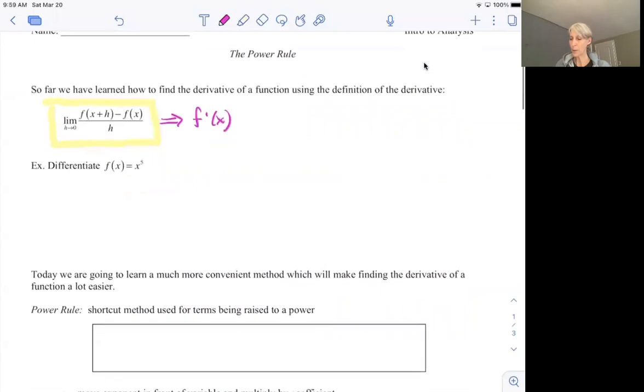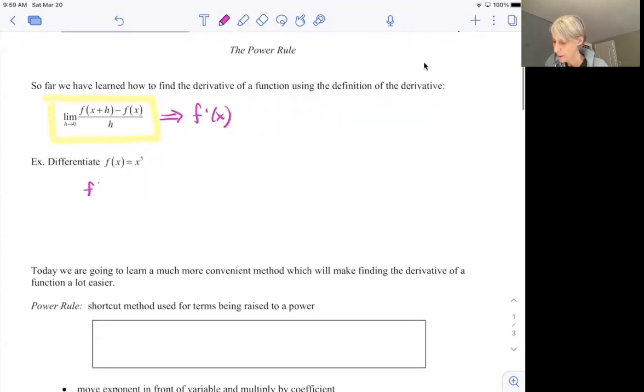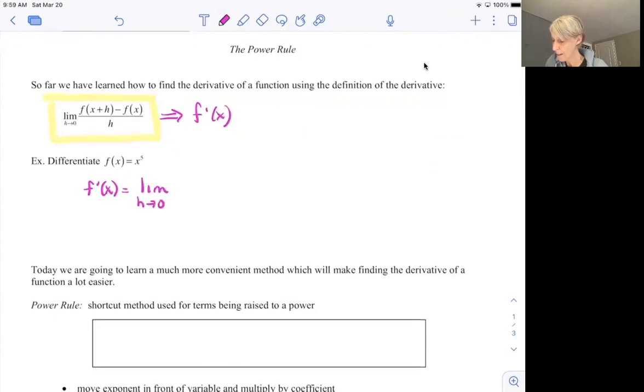Let's say, for example, we were asked to differentiate f of x equals x to the fifth. Now remember, you're going to be setting up this limit. And we'd have to plug in x plus h to the fifth power. And it would look something like that.